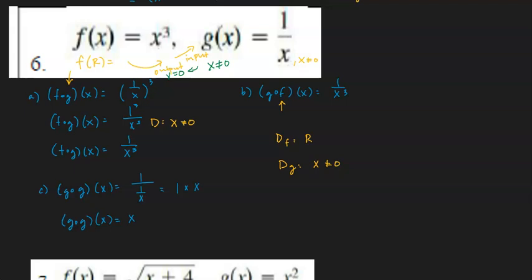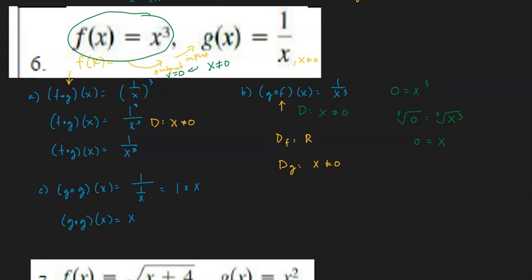So to figure that out, I have to set this function right here equal to 0. So 0 equals x cubed, and cube root both sides. So 0 equals x. So for this, the domain is x cannot be equal to 0.